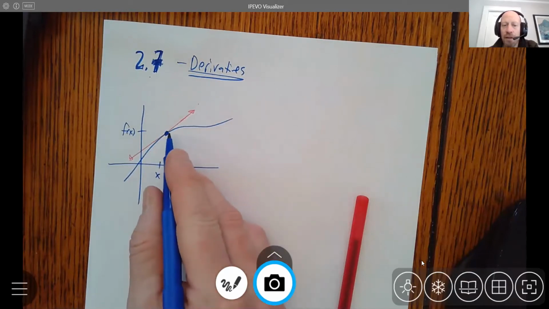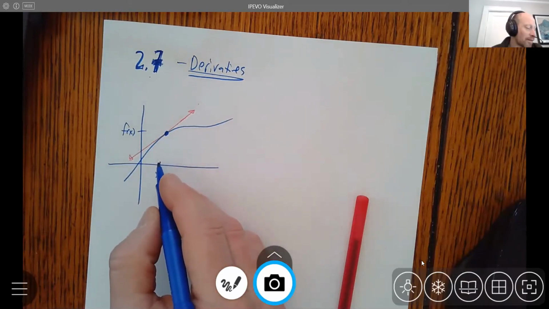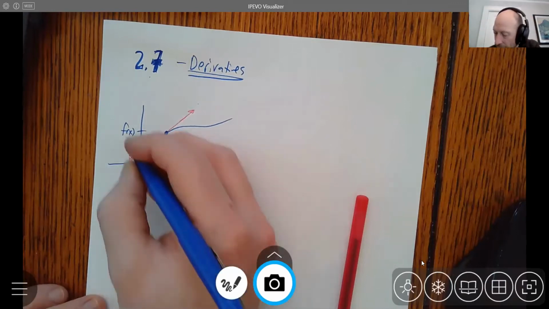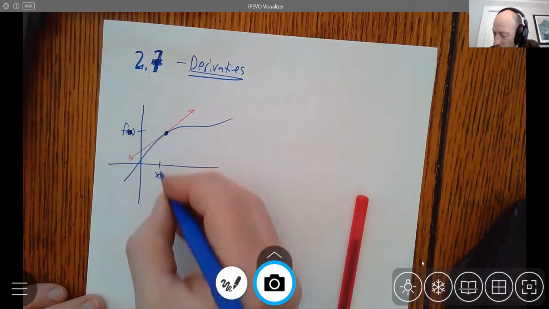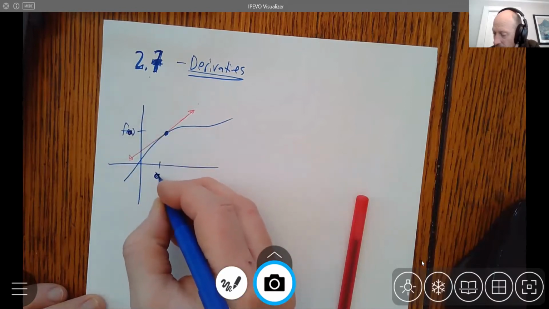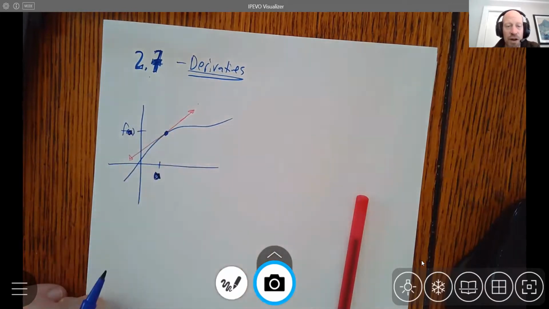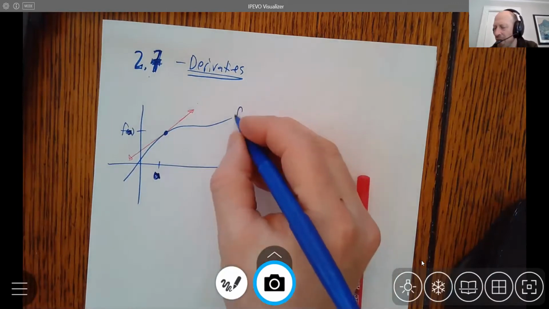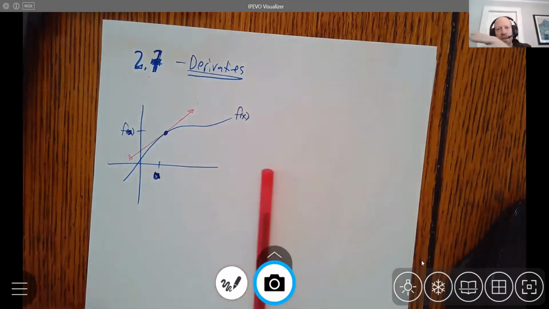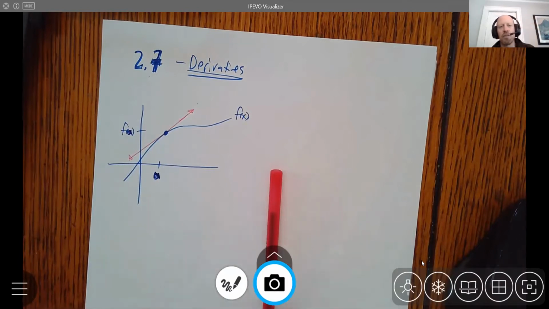If you have a point, so if like we have the point x, you know, let's not call it x. I don't like that anymore. I'm going to change that to a. We'll work with x later on, but for right now, let's just fix it as a point a. We think of x as being a whole range of values, and we think of a as being one fixed value.